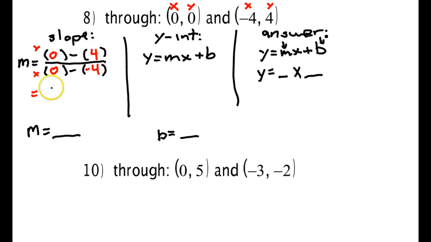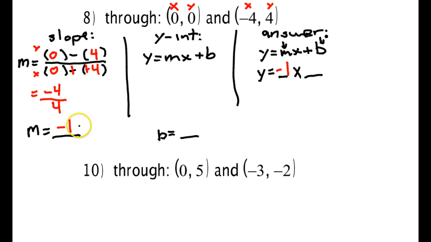Zero minus 4. 0 minus a -4. 2 negatives, positive. So my slope is -1. So the first part of my answer, my slope is -1.